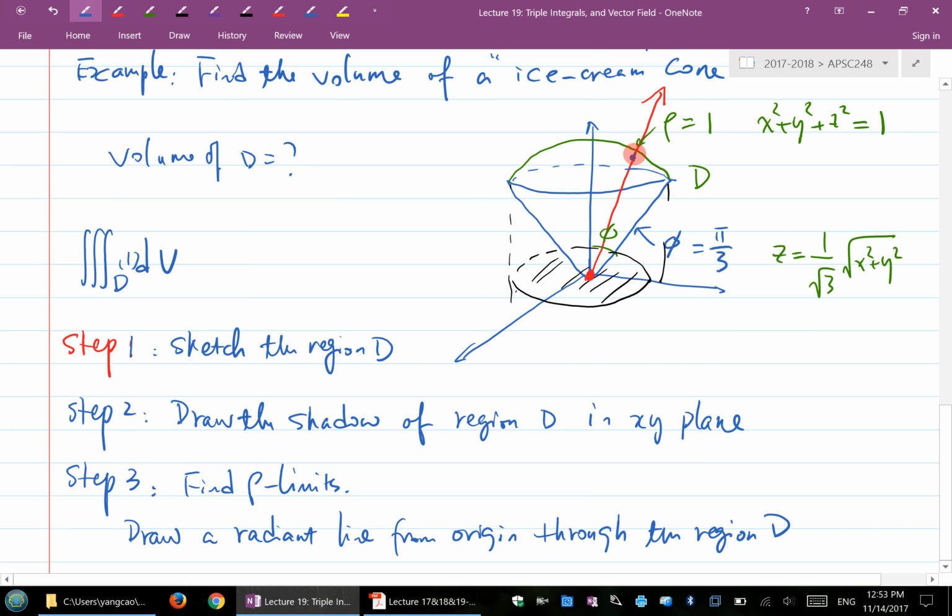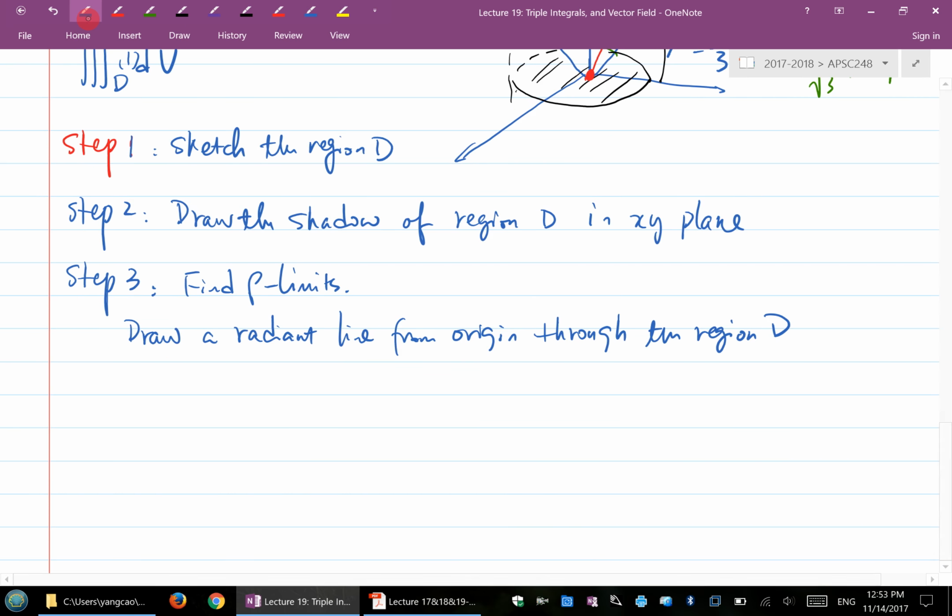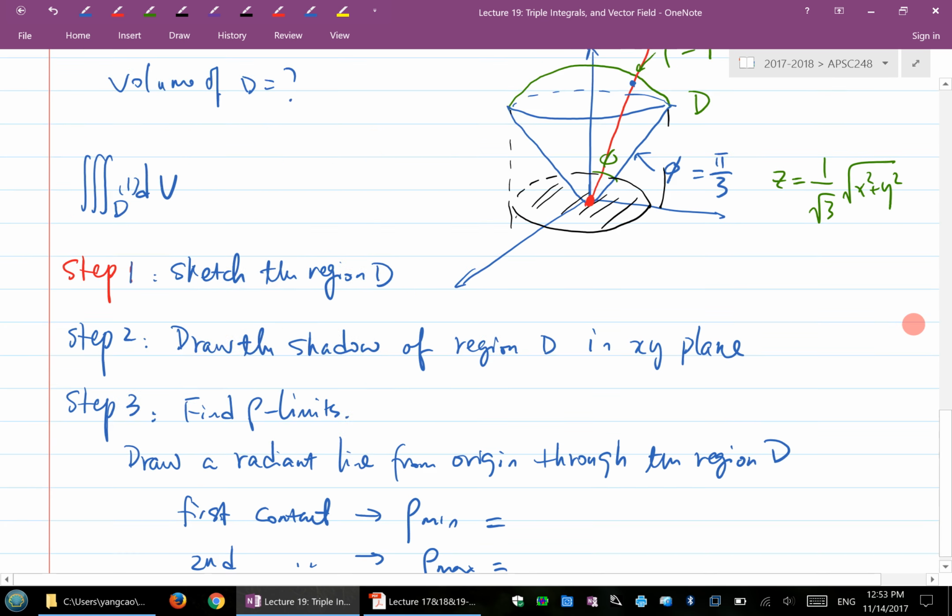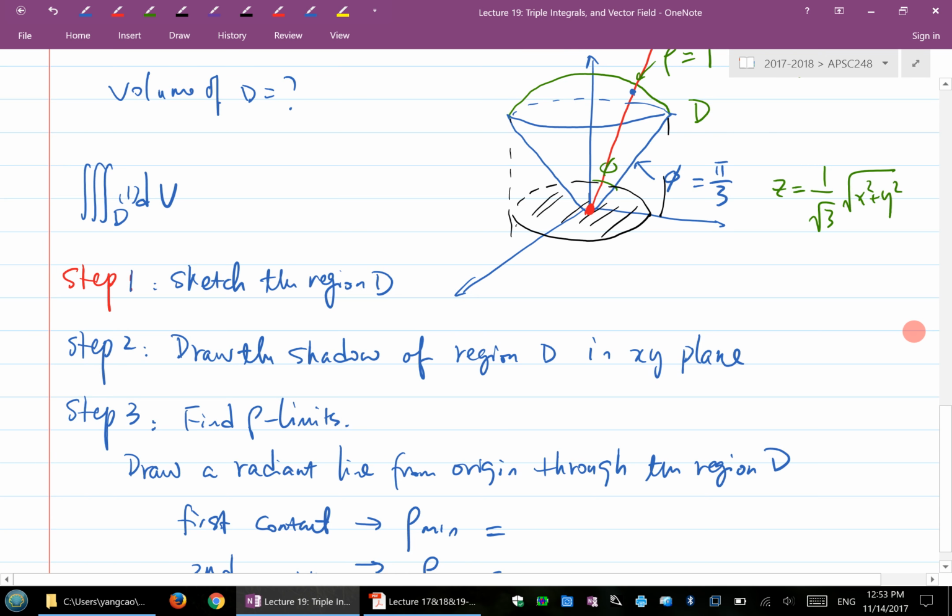The first contact gives you rho min, and the second contact gives you rho max. In this case, rho min is definitely 0, right at the beginning.